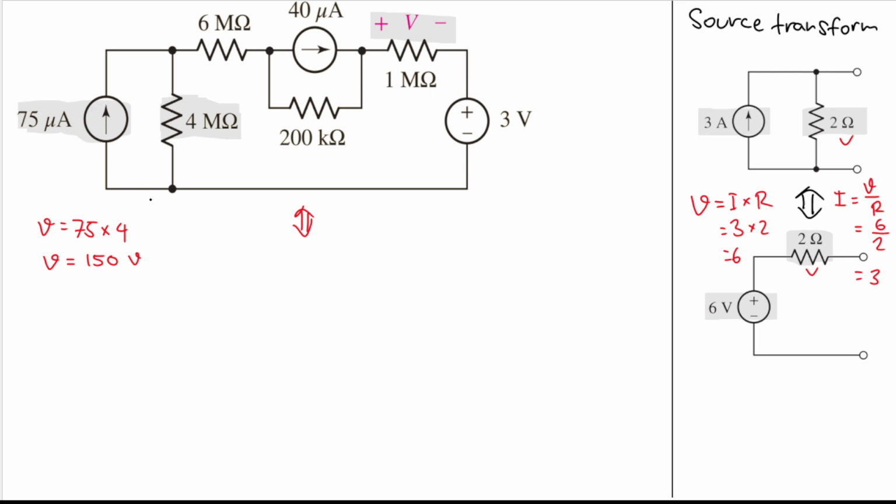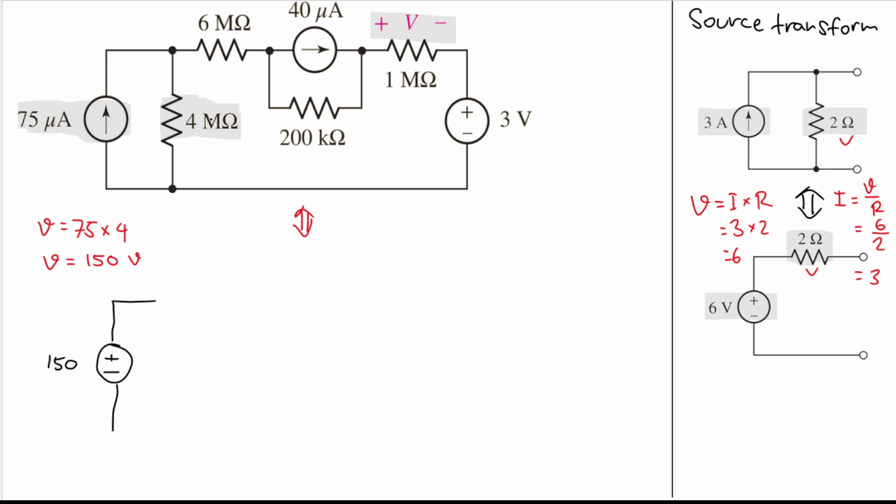Okay, let's redraw this into a voltage source in series with a resistor, right? So we'll have this one here, and our value of V here is 150. Good. Now, what else can we do here? We have this 4 mega ohm resistor.